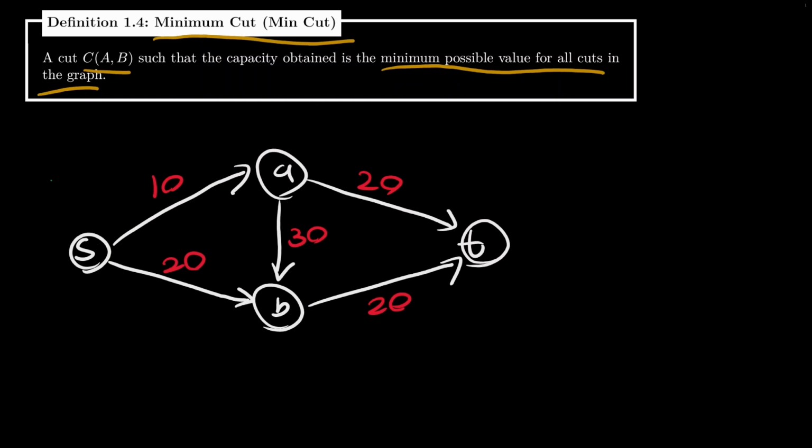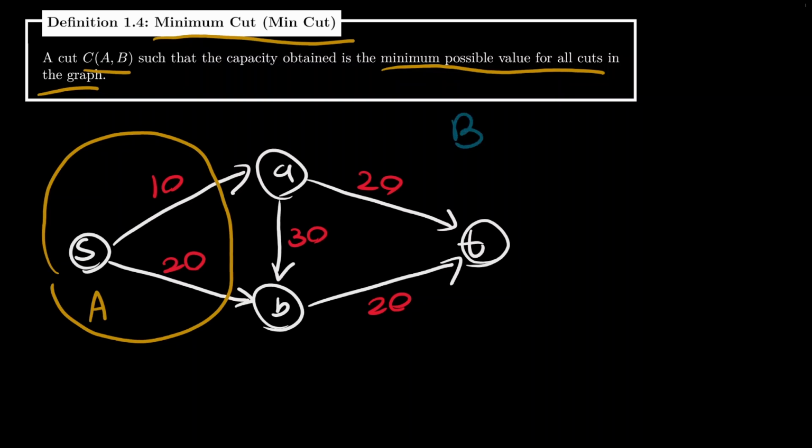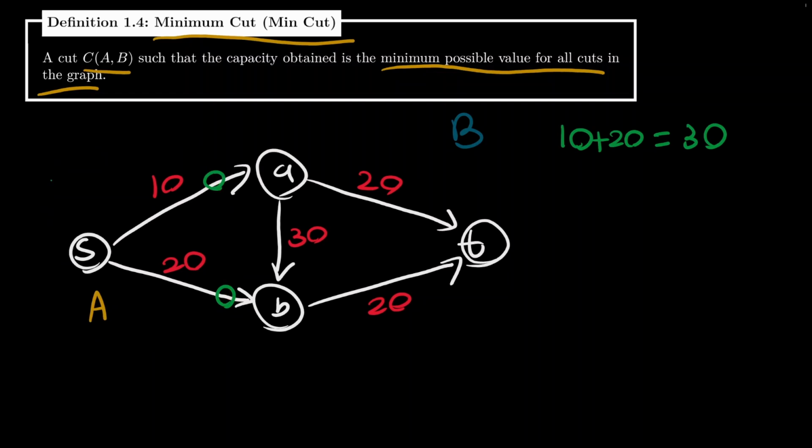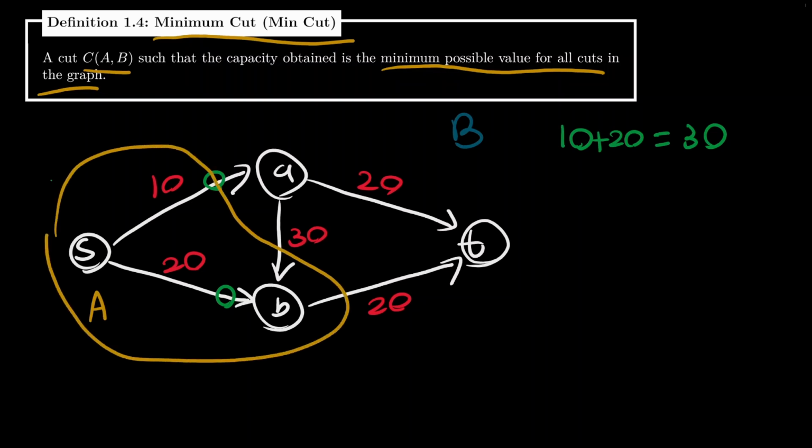So if we were to draw this cut here, let's start with 10 and 20. So this would be A, and the outside would be B, so everything that is not A. These are in our cut set, so that would be 10 plus 20, which is equal to 30. Now if you were to draw something else, we would get 10 here and this other section here.